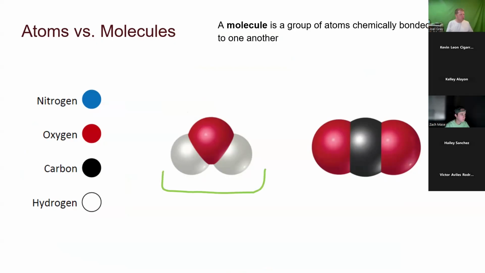Water, H2O. On the right-hand side, CO2. Perfect. Carbon dioxide. Awesome.